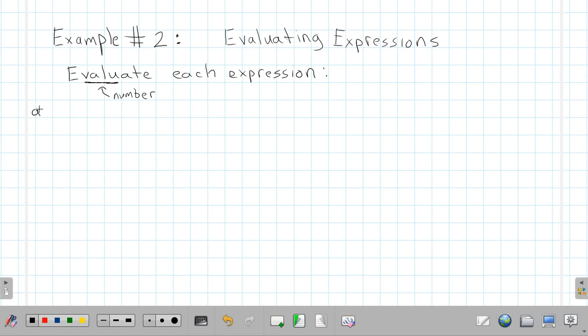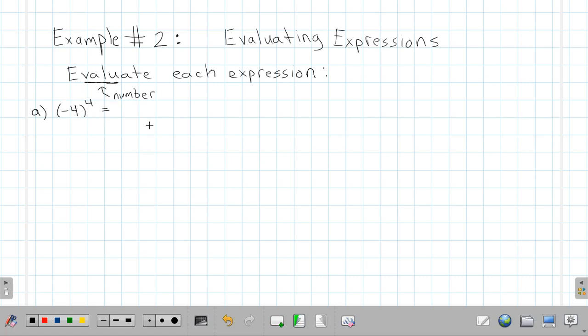So let's look at part A. In this case, we've got -4 to the 4th power. So how you would evaluate an exponent like this, or a power like this, is you would write it out. We would basically do the reverse of what we just did in the last example.